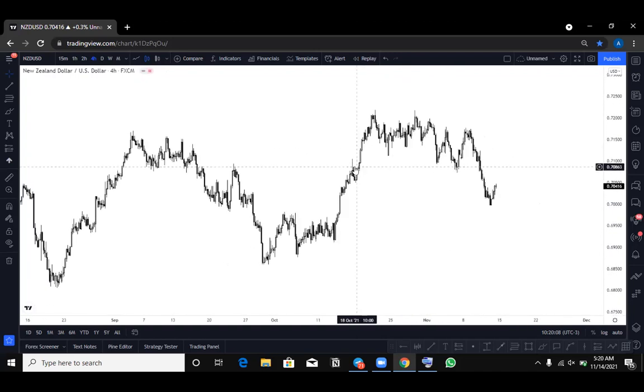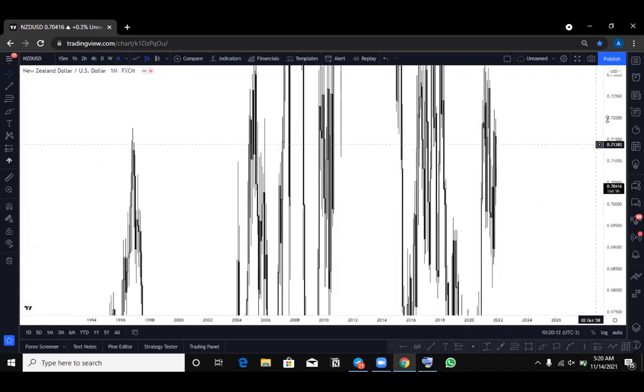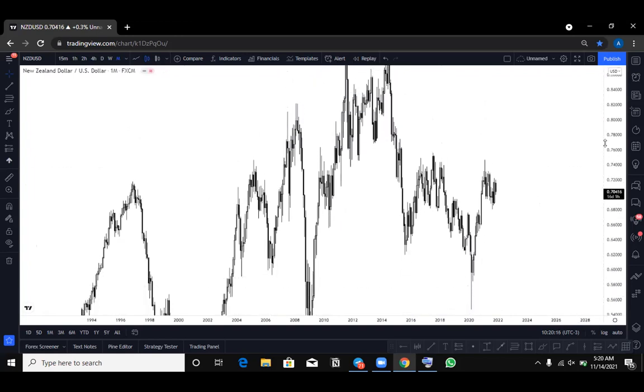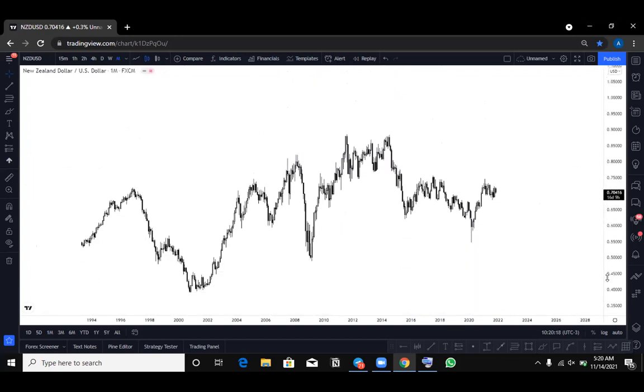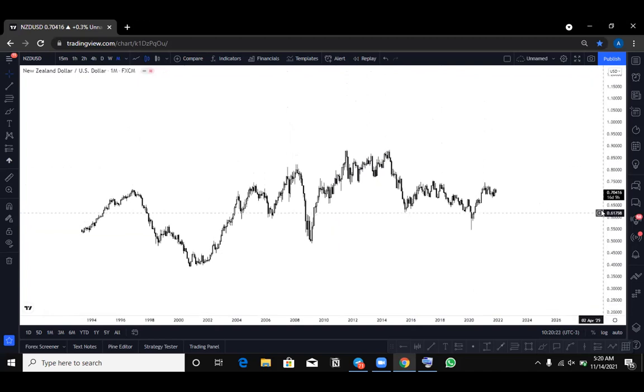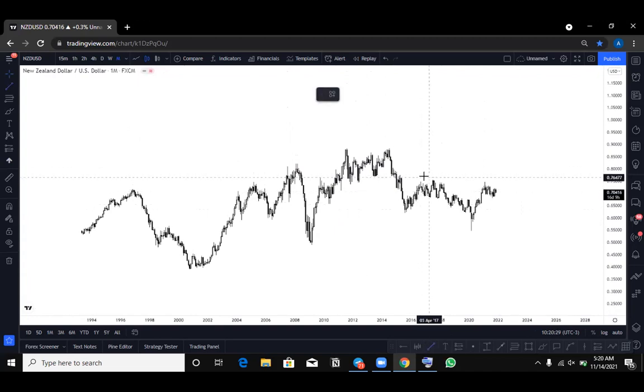Okay, so when we analyze during the weekend, we go to the monthly, right? Yes. We go down and observe what price action is doing. From the monthly, we can see that we have this trend line here.